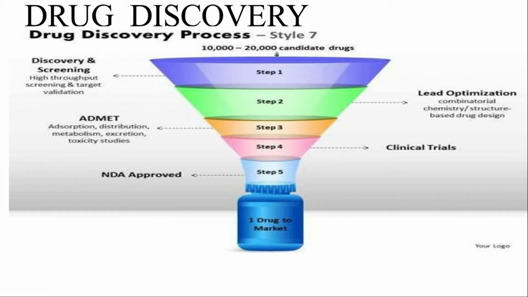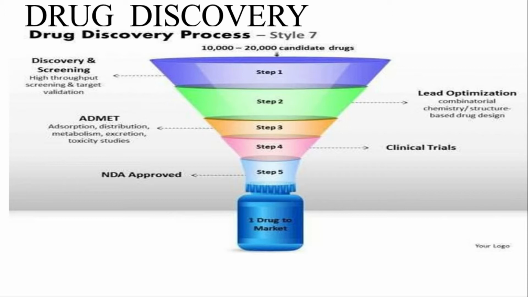In the second step, lead optimization is carried out with the help of combinatorial chemistry or structure based drug design. As I told you in the previous lecture, lead optimization is the desired form of your lead molecule, where you remove the undesired group and add some desired group in your selected molecule.